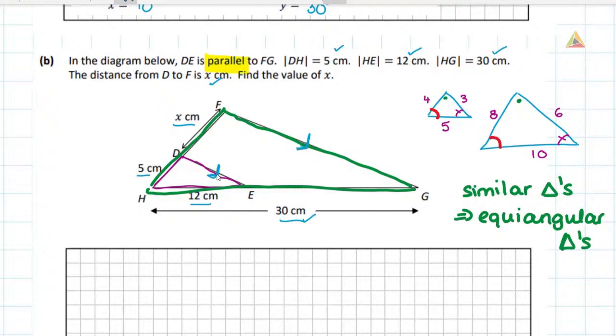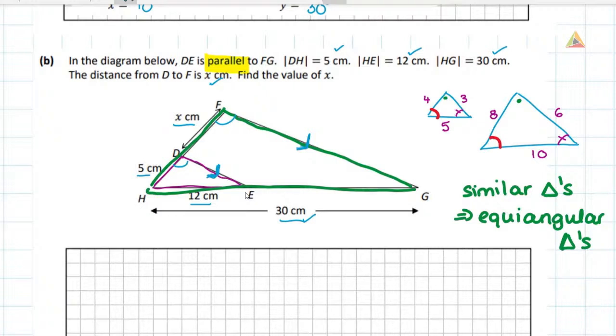These two little lines here, we were told that these were parallel, and that's going to be important because when I have parallel lines, now I can start to look for my alternate angles, my corresponding angles, my interior angles. So I can see that we're going to have corresponding angles here, where the angle from H to D to E is the same size as the angle from H to F to G. So these two angles here are going to be the same size because we have our corresponding angles, our letter F there, turned sideways.